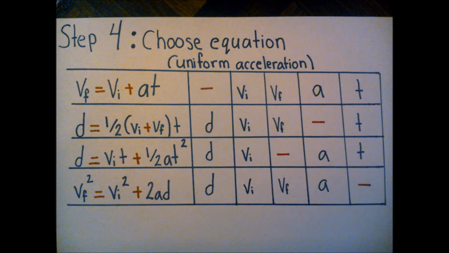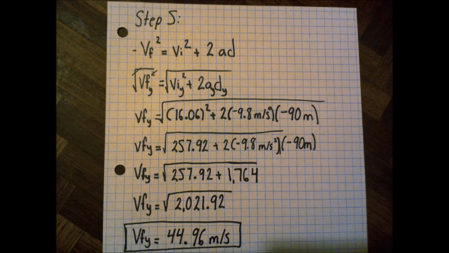Step 4 is to choose an equation out of the uniform acceleration card, and since I don't want to deal with quadratics right now, I will choose the last equation and try to solve for vfy. This takes us to step 5, solving for vfy, using the equation vf squared equals vi squared plus 2ad.